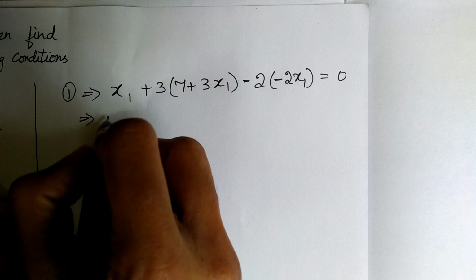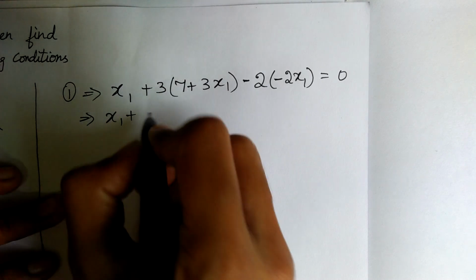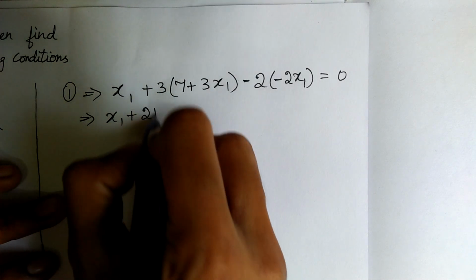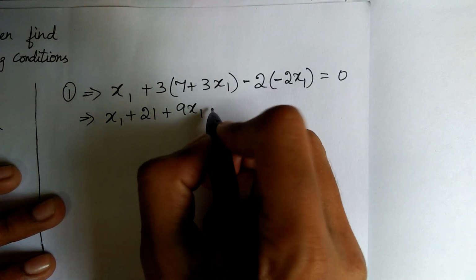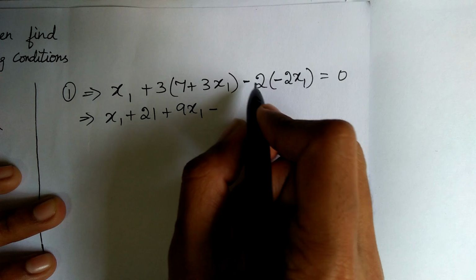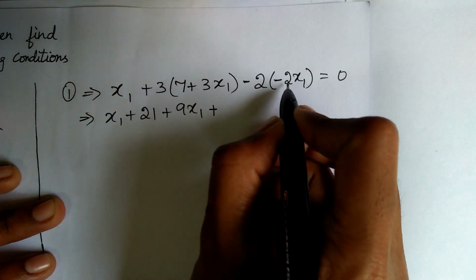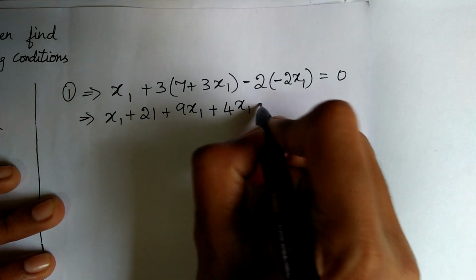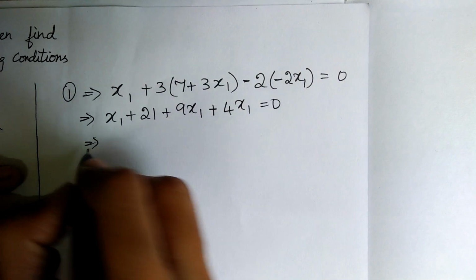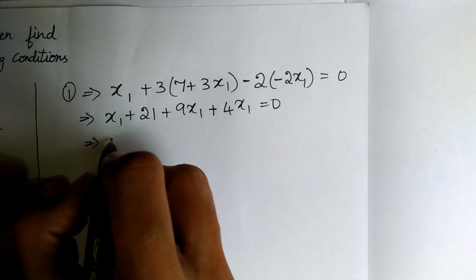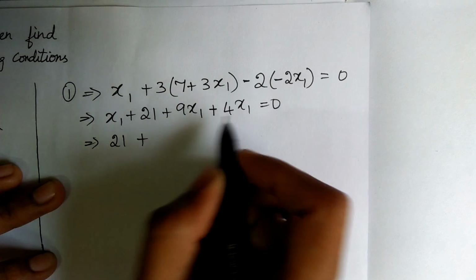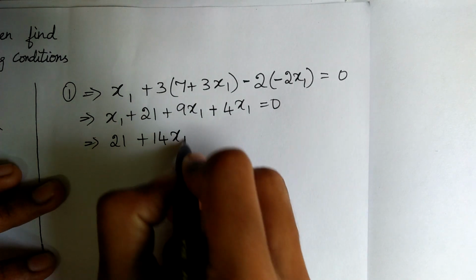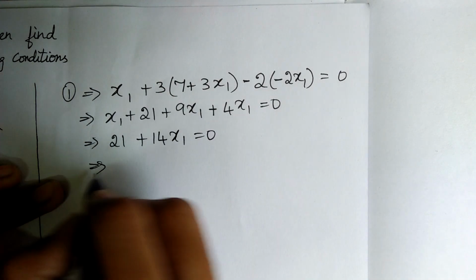Now we can simplify this as x1 plus 3 sevens are 21 plus 3 threes are 9x1, minus into minus plus 2 twos are 4x1, and we get 21 plus 14x1. 14x1 is equal to 0.